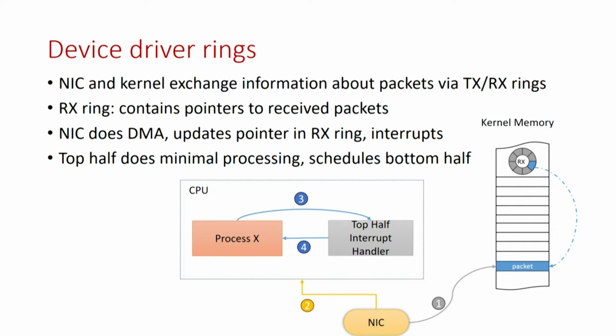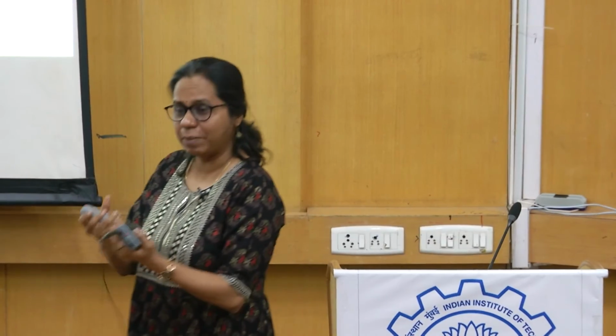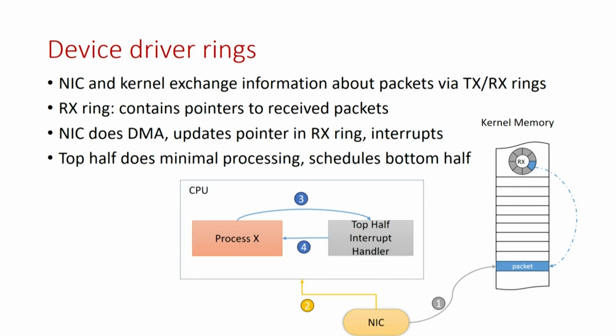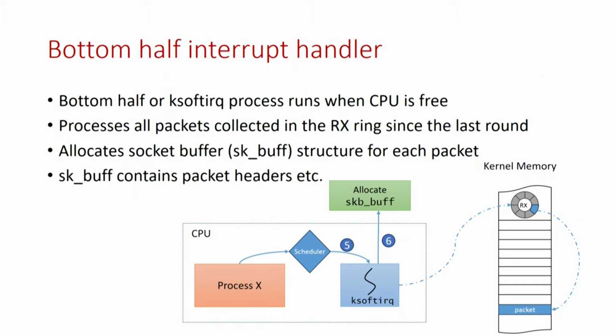Now this ring is a shared piece of memory that both the device driver and the NIC know where it is. So whenever the NIC puts a packet, it updates the pointer in this. The pointer is put in the RX ring, and whenever the OS runs later, it will look at the pointers of these packets from this RX ring and it processes them. Right? So so far we have covered the running of the top half interrupt handler.